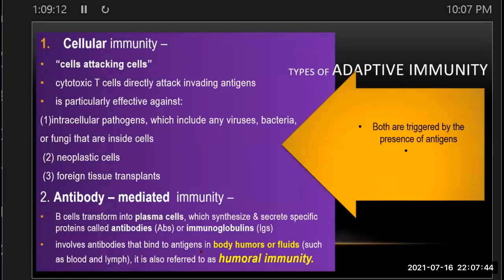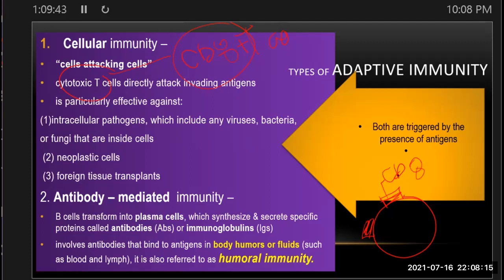So cellular immunity, well, some books would say cells attacking cells, cell-to-cell contact. Cytotoxic T cells directly attack invading antigens. Cytotoxic T cells are known as your CD8 T cells, CD8 positive, because the marker on the cell surface of your T cell is CD8.